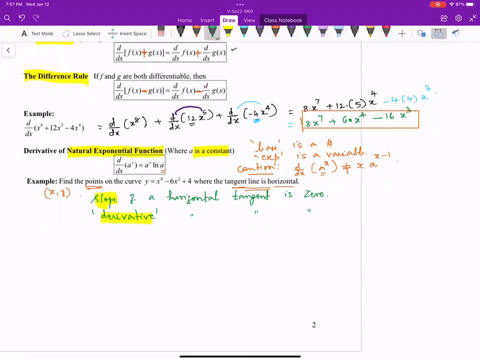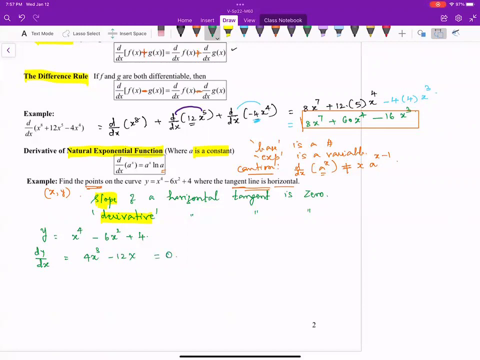So let's take this y given in the problem, x to the power 4 minus 6x squared plus 4, and find the dy by dx, which is 4x cubed minus, taking the derivative of each term, 12x, since the derivative of x squared is 2x, then the derivative of 4, the derivative of a constant, is 0.